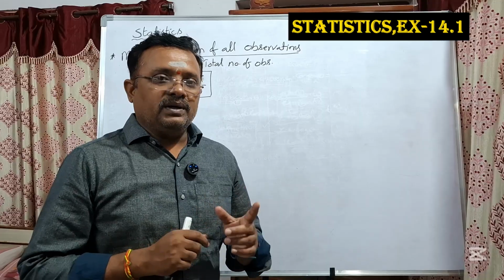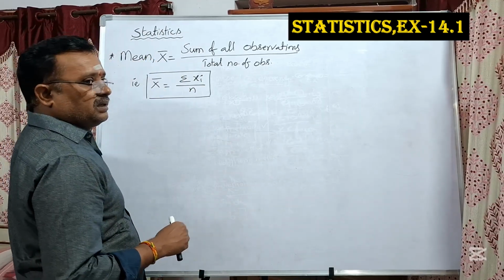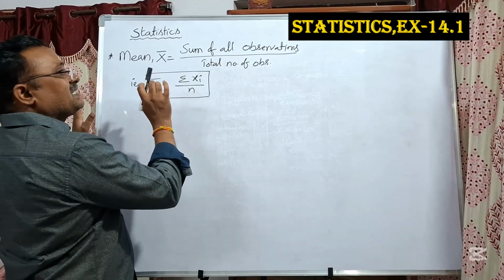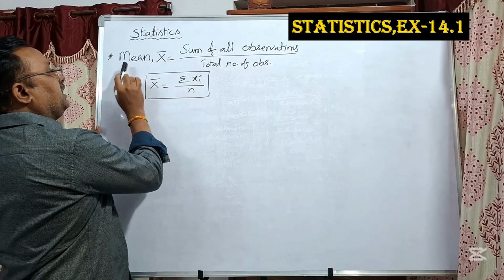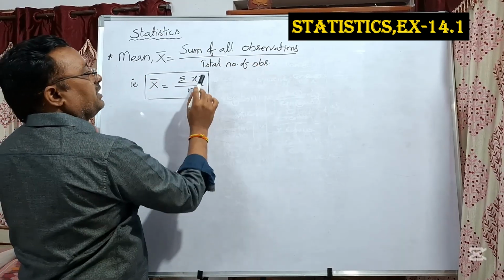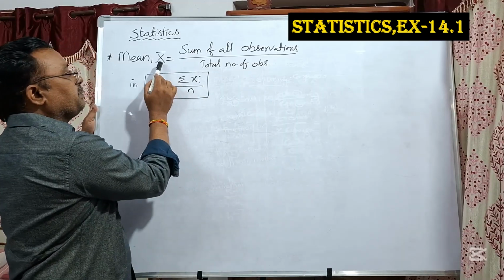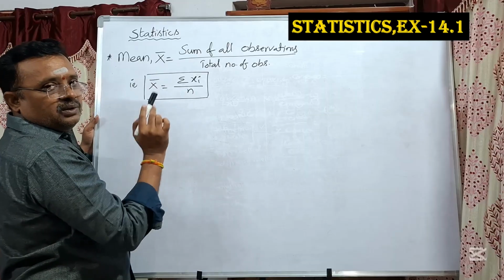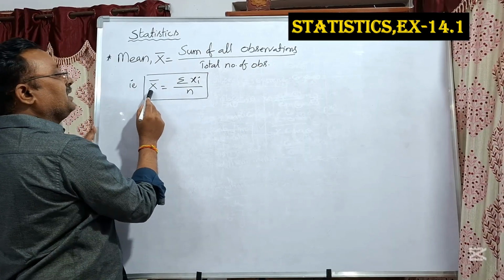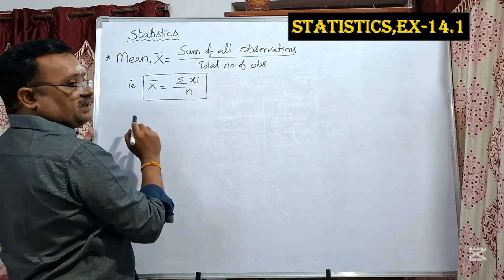Coming to the first central tendency, that is mean. Using the previous classes' knowledge, the standard formula of mean is the sum of all observations divided by the total number of observations, and this mean is represented with x bar. So this can be written as x bar is equal to sigma xi by n.